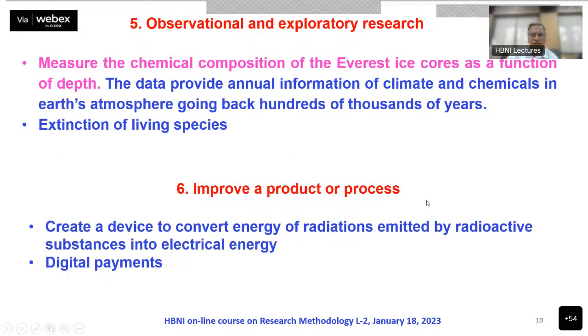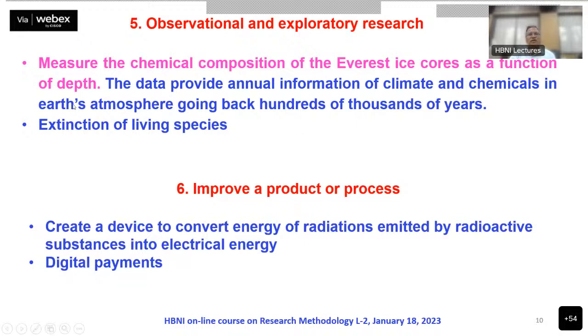Then there is research on observation and exploration. Many people in the social sciences will be doing this kind of research, or even for that matter in sciences also. One of the examples is to measure the chemical composition of Everest ice cores as a function of depth. This is a research problem by environmental scientists: you go to Everest, drill, collect the core samples of the ice, and find out the chemical composition of those ice core samples.